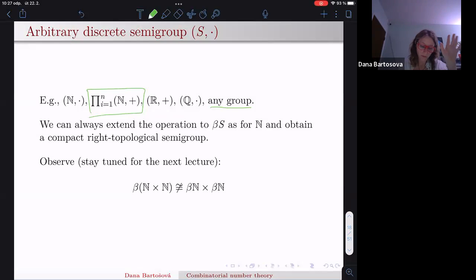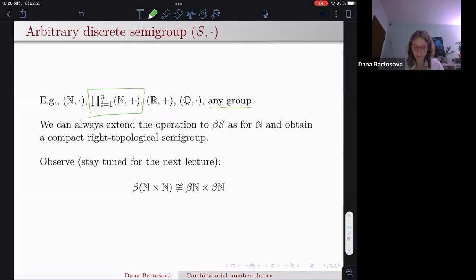There are some results where it matters whether your semigroup is countable, whether it has some cancellation properties, and whether it's commutative, for instance, or amenable. There are some results where you do have to restrict yourself, but the theory that we have so far developed holds everywhere.